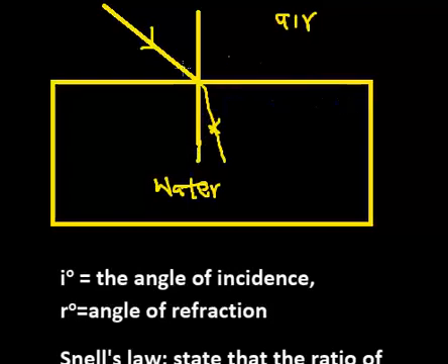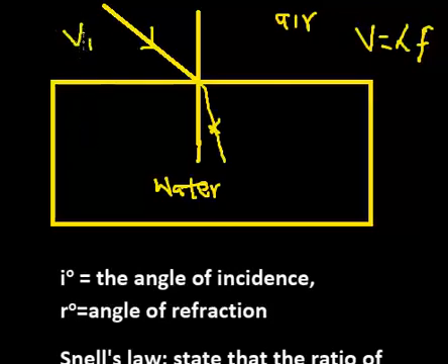Now there's one thing you should know about refraction. Whenever light undergoes refraction, something changes, because we know that the velocity of light is given as wavelength times frequency. And of course we know that for the two mediums, the velocity differs. So if light moves from one medium to another, the velocity changes.